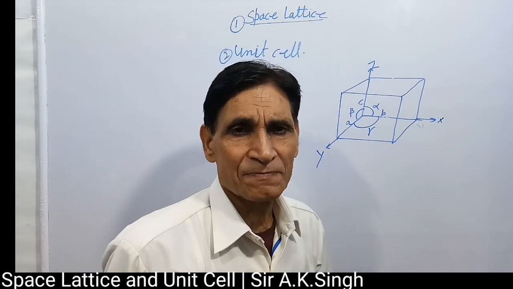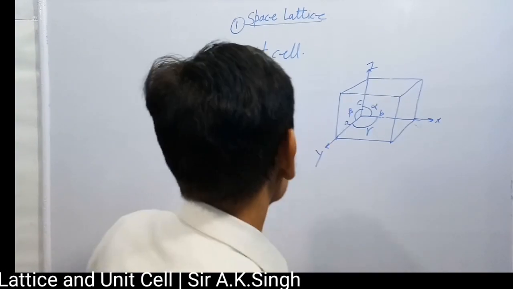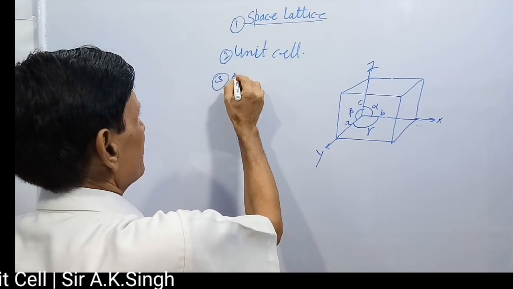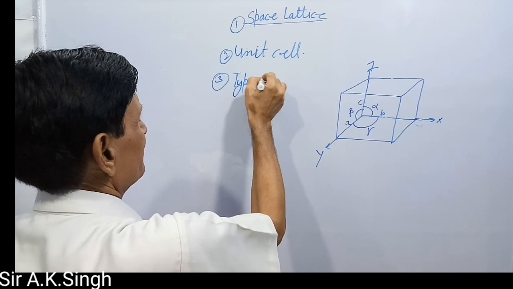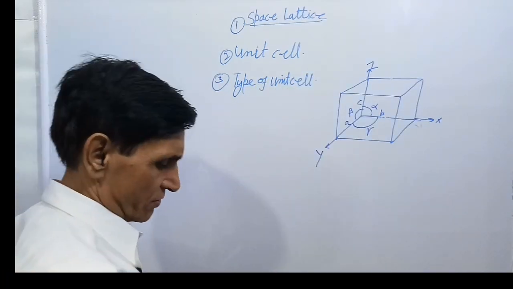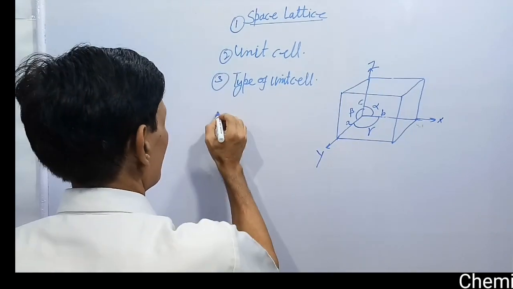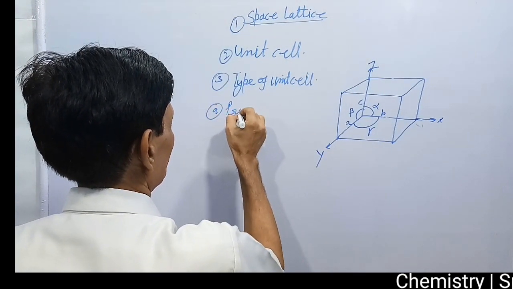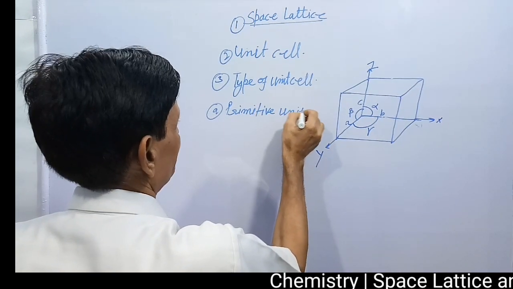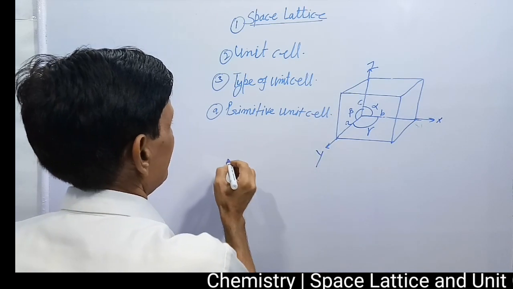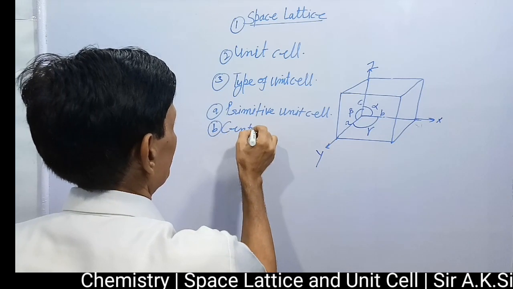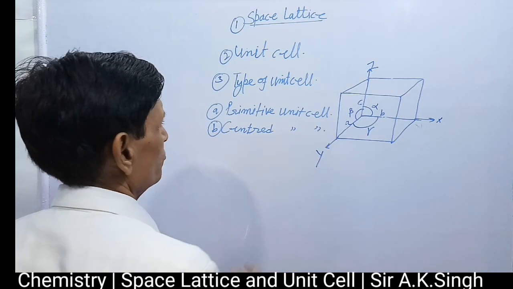Now the next point is the types of unit cell. First, primitive unit cell, and second, centered unit cell.